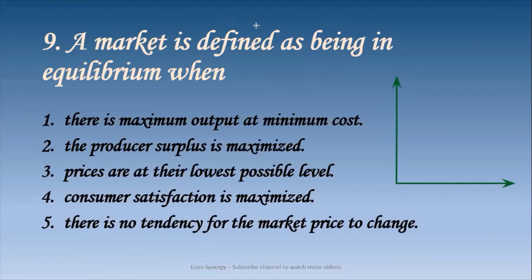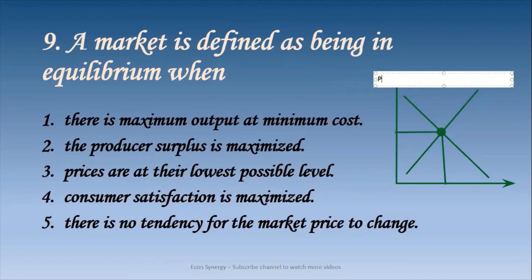The point where the independent plans of the buyers exactly equal the independent plans of the sellers, we call the market is in equilibrium, right? Then this is the market equilibrium. Here equilibrium price, equilibrium quantity. And this point is the market equilibrium point.